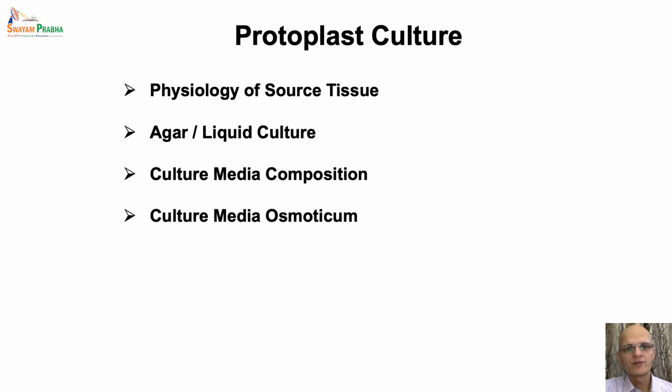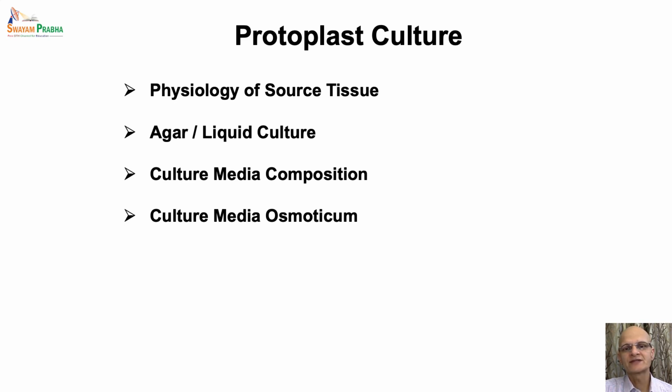Next is protoplast culture. In order to culture the protoplast, the first step would be to induce cell wall formation. During the culture, most of the protoplasts isolated from differentiated cells would undergo rapid dedifferentiation, while at the same time synthesis of new wall will also start.